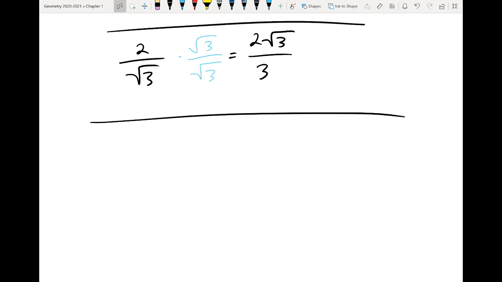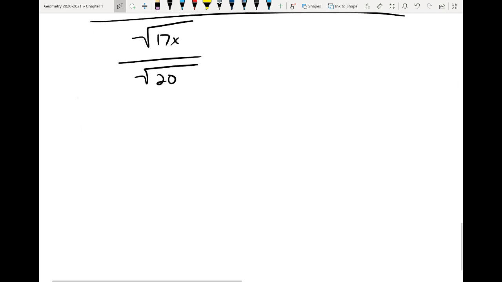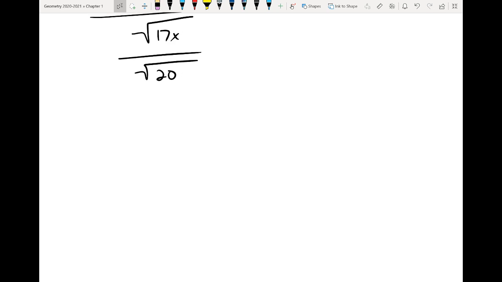Let's do a fun one. These are going to get progressively more exotic as we go. We have rad 17x over rad 20. Well, step 1, let's multiply by 1. Why not? Remember what our 1 looks like.